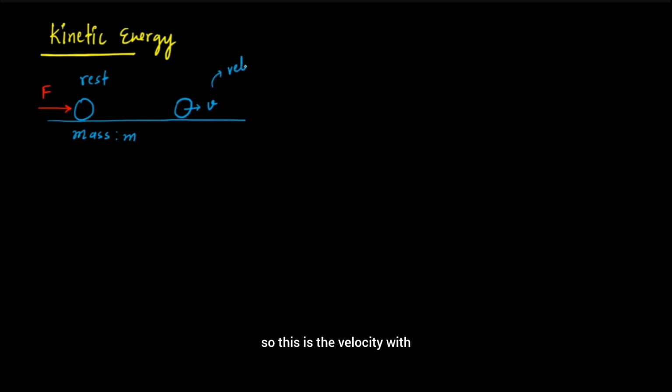This is the velocity with which the object was moving because of the application of force. Whenever a force acts on an object, it not only displaces the object, but the object also gains some velocity, and that velocity is the result of application of force.